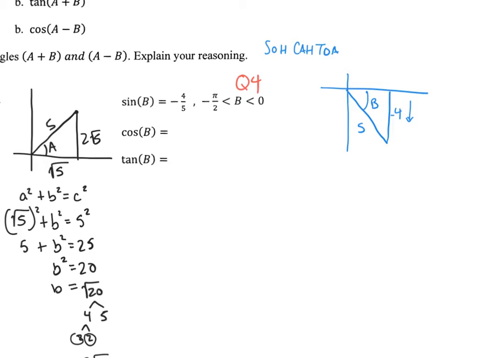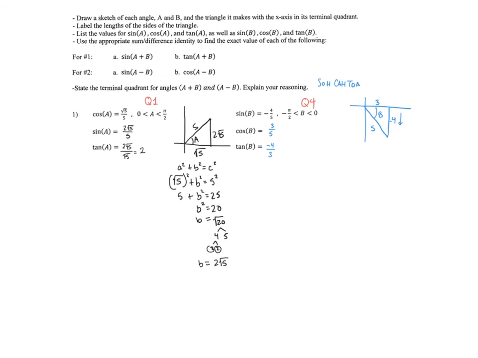And so, again, to find the extra side, we can use the Pythagorean theorem. I happen to know that this is a Pythagorean triplet, so I know that this side is 3. So let's go ahead and write down our cosine, which is going to be a positive 3 over 5, and then our tangent, which is going to be a negative 4 over 3. All right, booyah. So now we have all of those things.